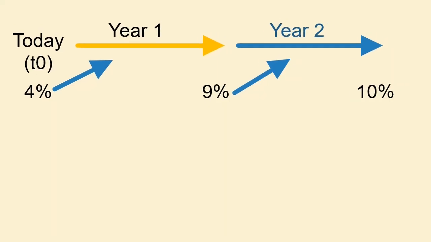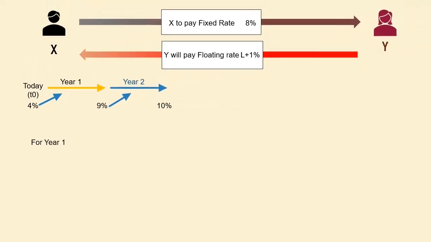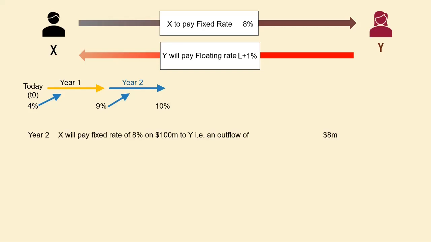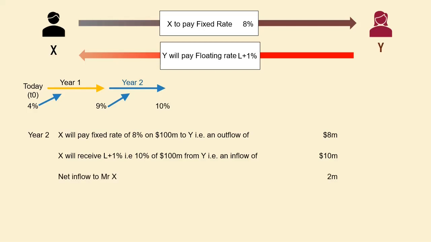So in our example, for year 1, X will pay 8% on $100 million, that is $8 million to Y, and since Libor for year 1 has been set at 4%, X will receive Libor plus 1, that is 4 plus 1, 5% from Y. In essence, X will pay 8% and receive 5%, which will result in a net payout of 3% to Mr. X. Similarly, for year 2, when Libor has been determined at 9%, X will pay 8% to Y and in turn will receive Libor plus 1, that is 10% from Y, resulting in a net inflow of 2% to Mr. X, and so on.